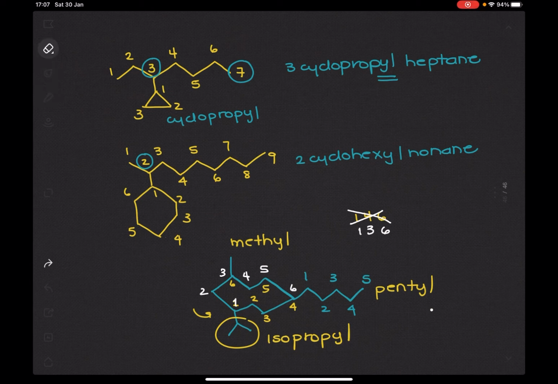The numbering wins. So let me erase the yellow ones and keep the other ones. I already know the positions 1, 3, and 6. So let's start naming them.